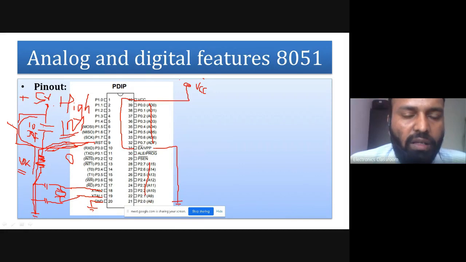Here I am expecting the minimum connection along with the LED connection. I want a single LED interfaced with the microcontroller, so you have to draw that. Then, second, draw circuit diagrams for an LED as well as an optocoupler, and one more for a DC motor.